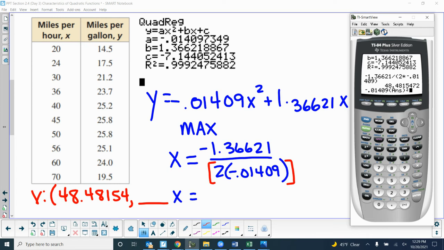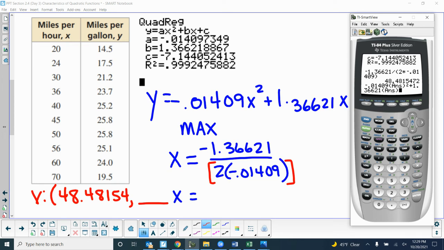Then it's squared, remember. Then the plus 1.36621 times that answer again, second answer, so I don't have to type it in. So you can always hit second negative sign to put in the last answer you had. So we can use it both times.